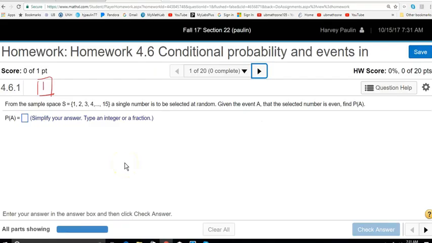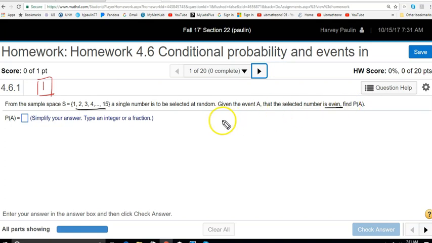Now, in this first example, it is rather straightforward. We have numbers 1 through 15 in our sample space, and we want to select that the number is even.